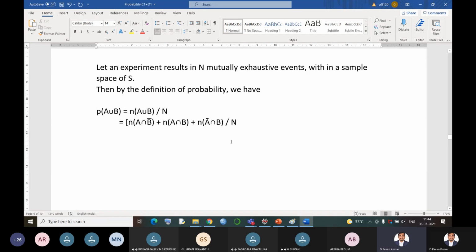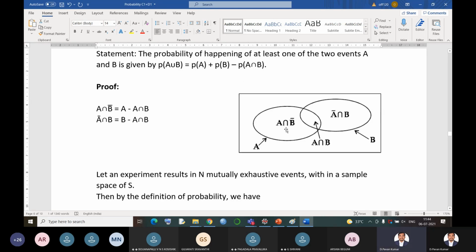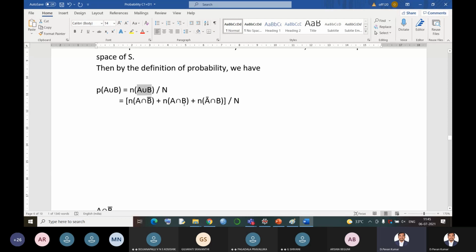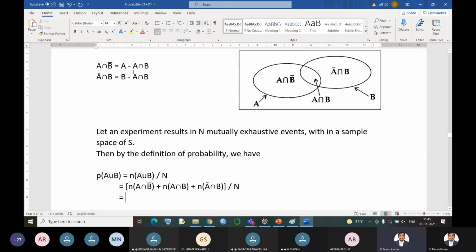I'll explain with this explanation. See, A union B means what? A union B means A intersection B bar plus A intersection B plus A bar intersection B. The combination of complete two circles is called A union B. So I'm expanding my formula of A union B as A intersection B bar plus A intersection B plus A bar intersection B. Okay. But what is A intersection B bar formula?